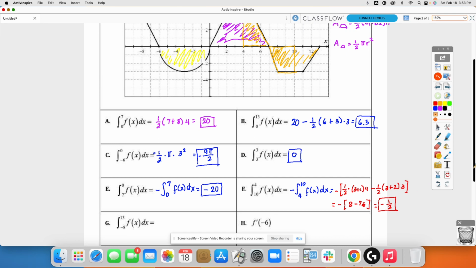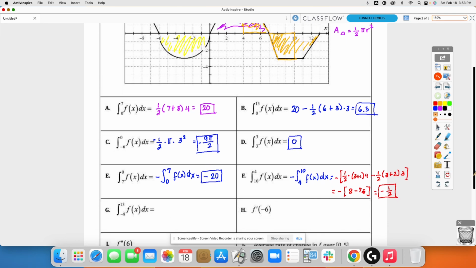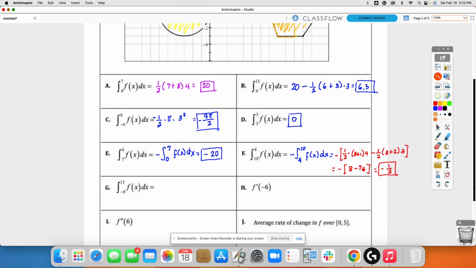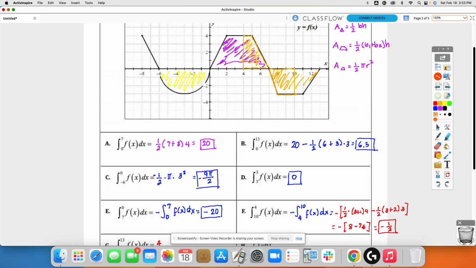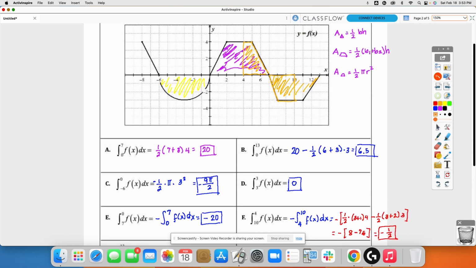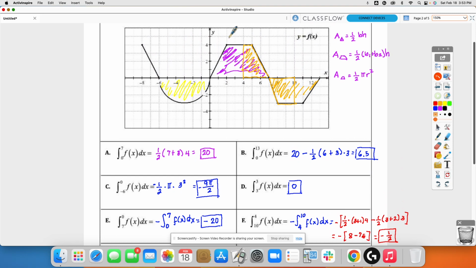Then letter G. So go on ahead and try letter G on your own. And once you have found it, go back here and check your work. So you should get 4. Negative 8 to 6 would be equal to, I'll just put the area right here.